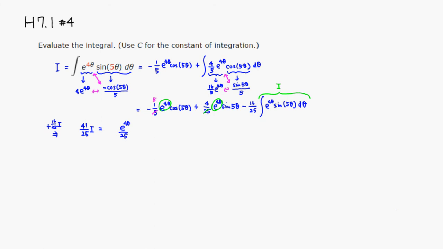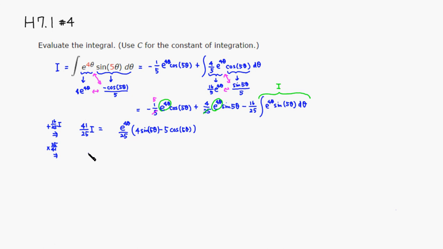I think that's about all we can do. Here I'm going to put this guy first because there's a negative sign here: the 4 sine of 5θ minus 5 cosine of 5θ. Then we just have to multiply both sides by 25 over 41.